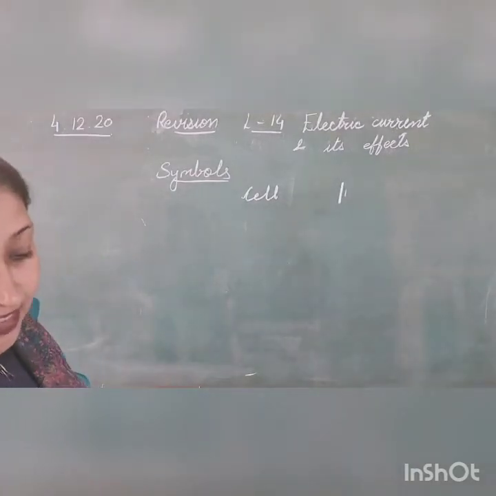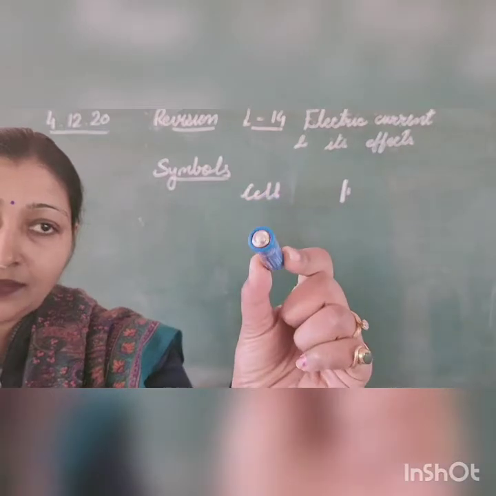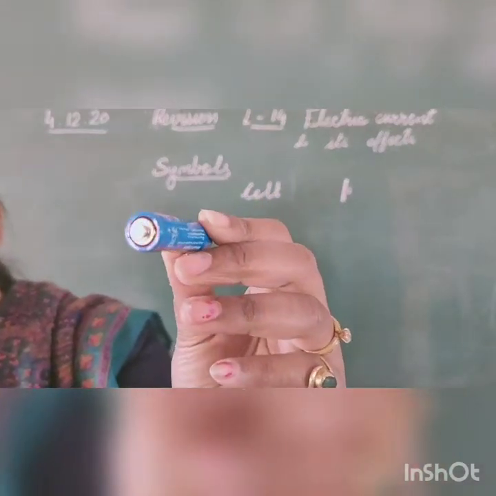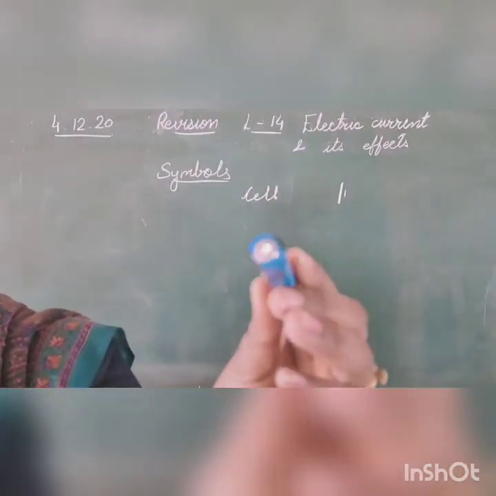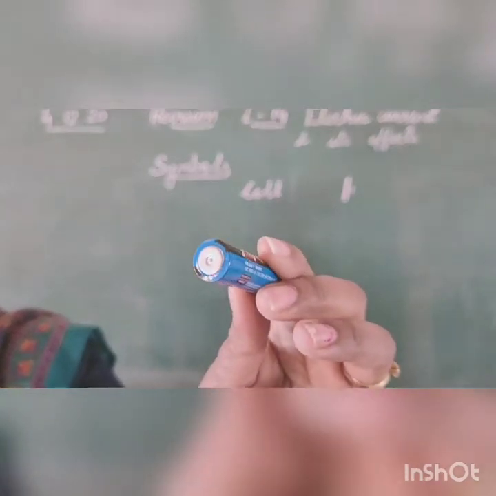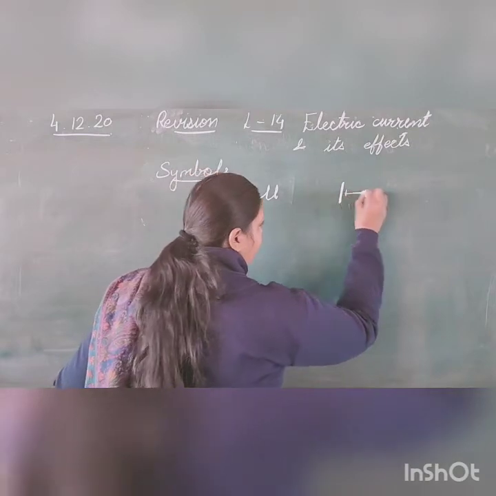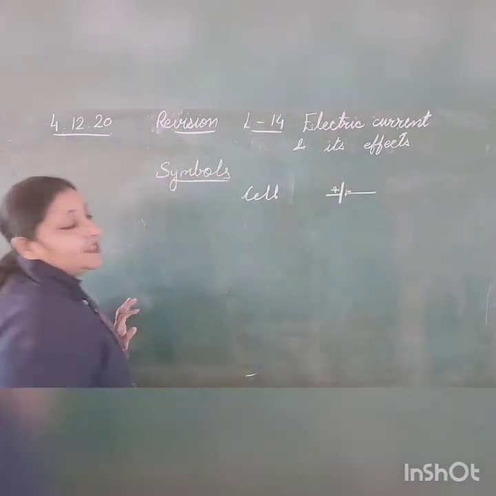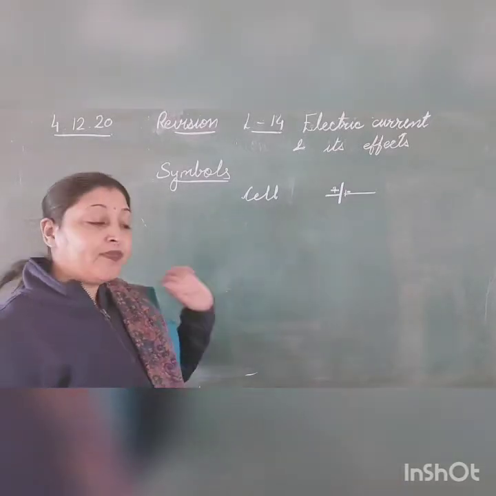If you can see the cell, this side of the cell, which is towards the outside, is the positive side, and the other side, which is inwards, is the negative side. So children, this represents the positive side and this represents the negative side of the cell. I hope it is clear.